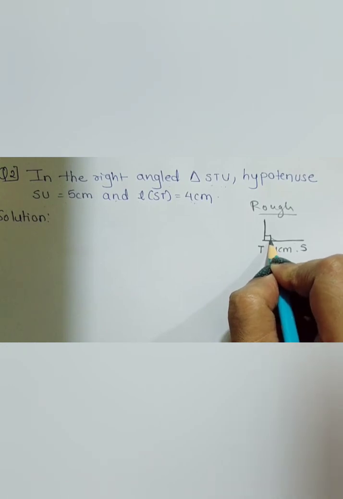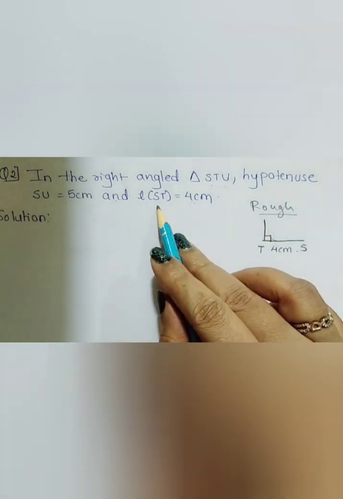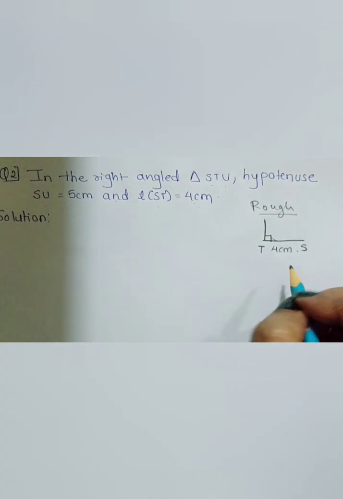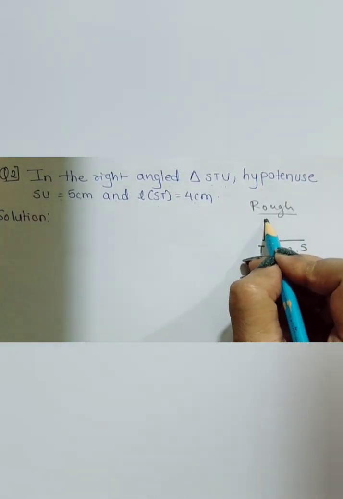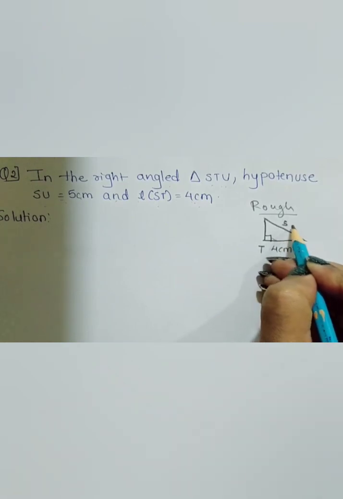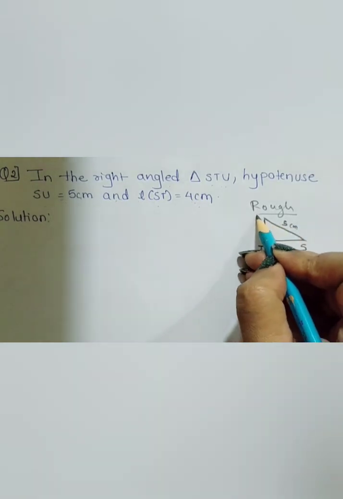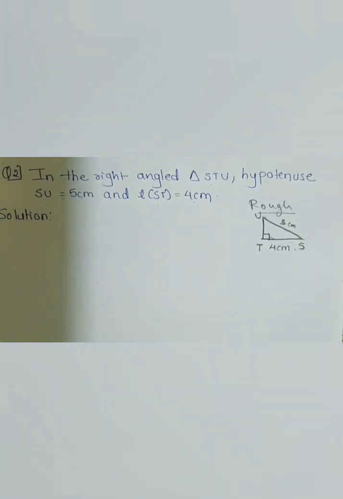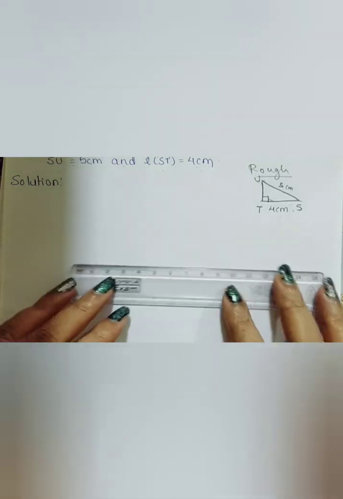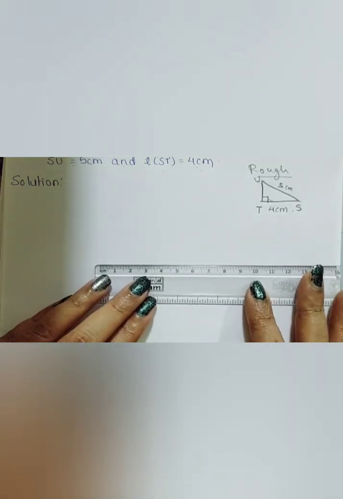Okay, now what is given? ST is given 4 centimeter. SU is given 5 centimeter. This is our SU. Now we are going to draw the diagram. Take base. Base is given 4 centimeter.